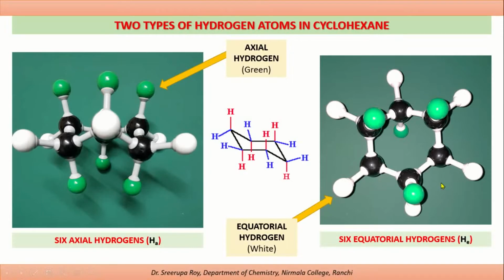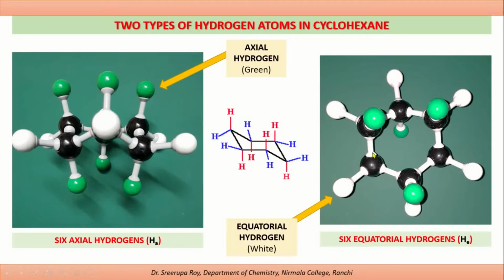In the cyclohexane molecule, there are two types of hydrogen atoms. One is called the axial hydrogen, the other is called the equatorial hydrogen. Equatorial hydrogens are coplanar to the carbon ring.